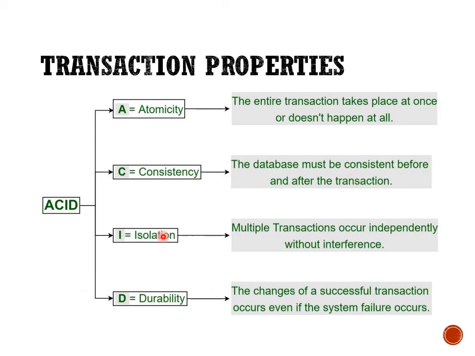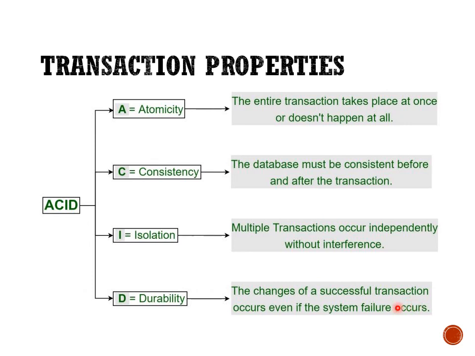Next is isolation. Isolation means multiple transactions occur independently without interference. The last one is durability. Durability means the changes of a successful transaction persist even if a system failure occurs. That means if a system failure occurs, the data must not be lost.